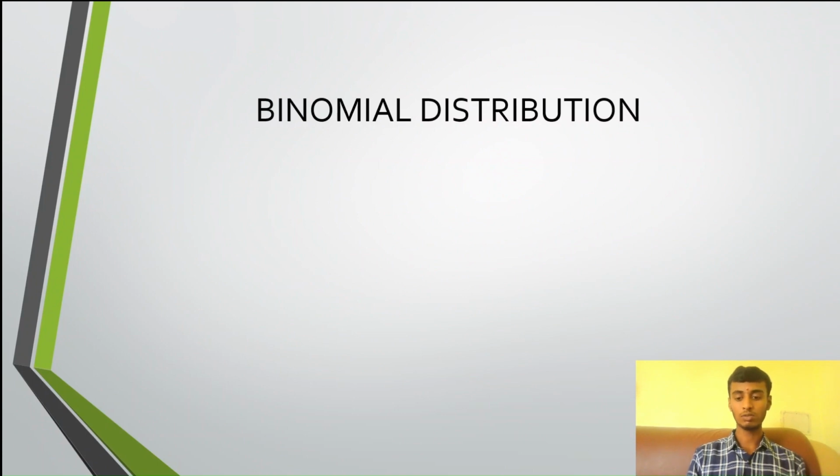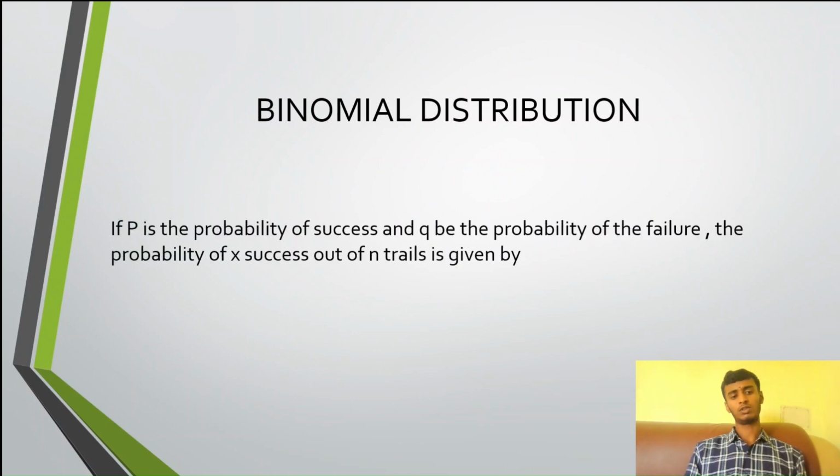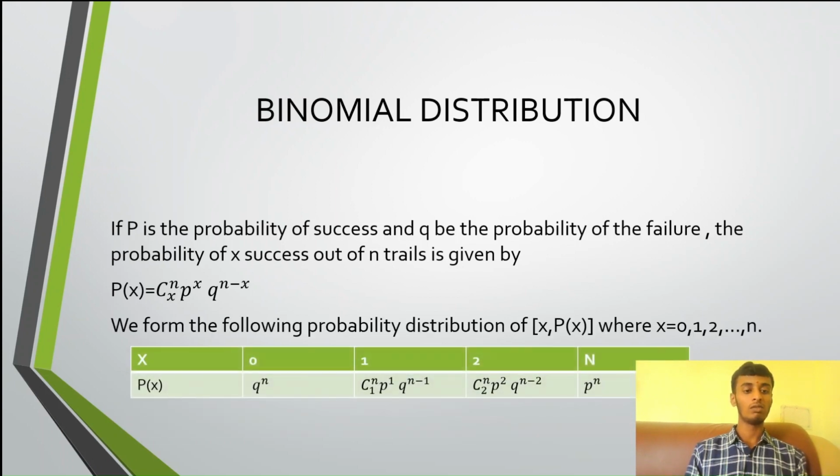We'll come to the binomial distribution. What is the binomial distribution? If p is the probability of success and q is the probability of failure, the probability of x successes out of n trials is given by P(x) equals nCx p power x q power n minus x, where x is the number of successes and n is the number of trials.